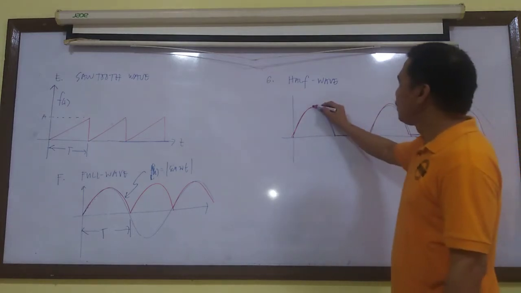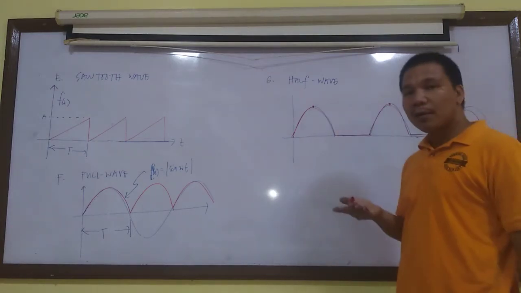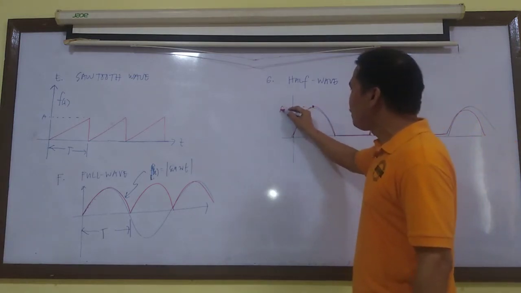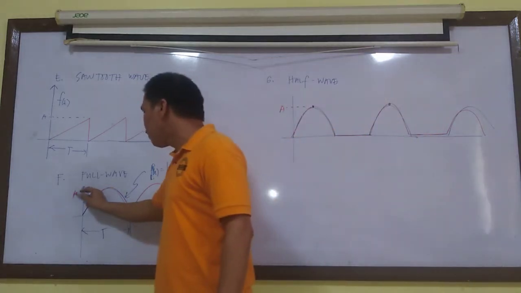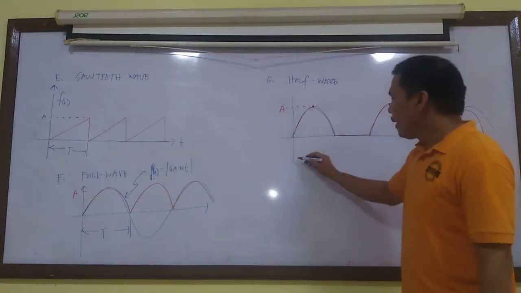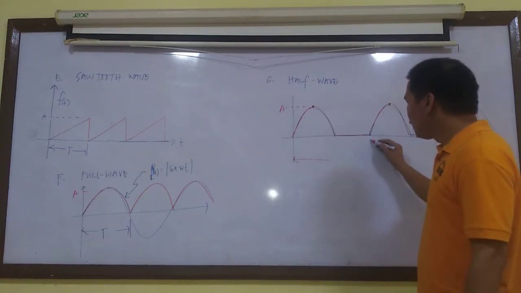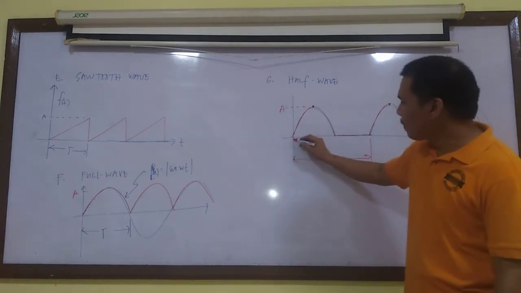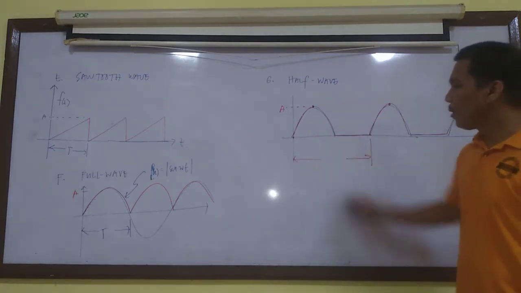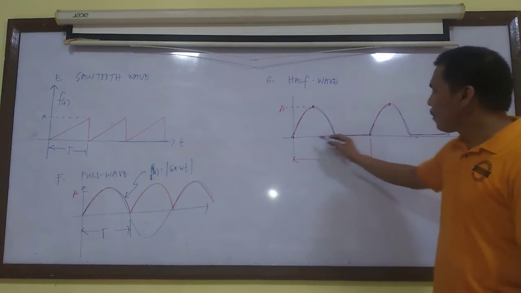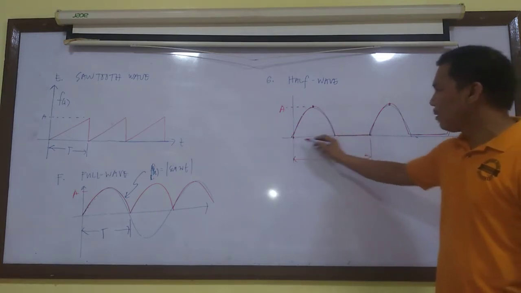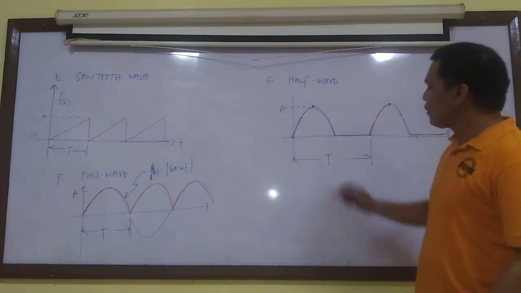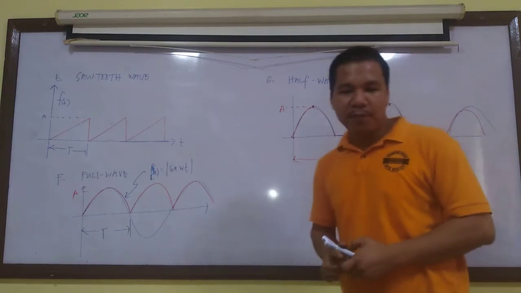We can label this as your amplitude. Of course, this is also the amplitude for your full wave, and the period can be calculated from this point up to that point, because this is your half wave, one complete cycle. Another cycle, another cycle. So that will be the period for your half wave.